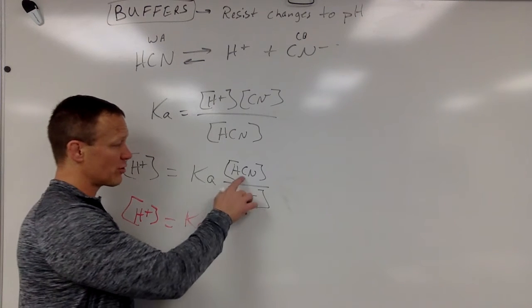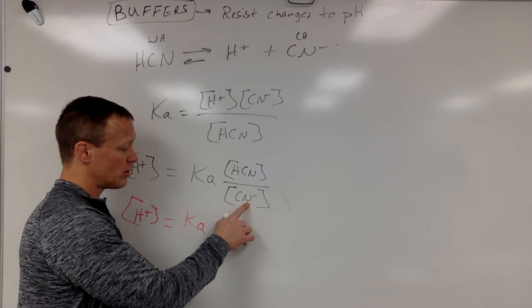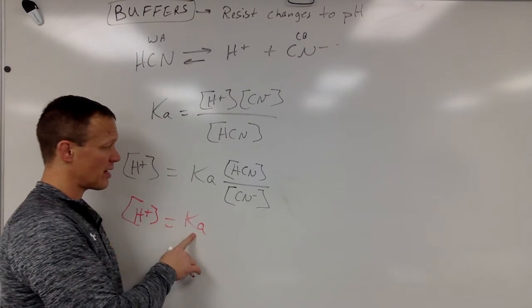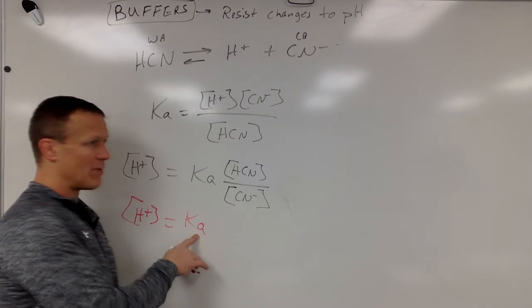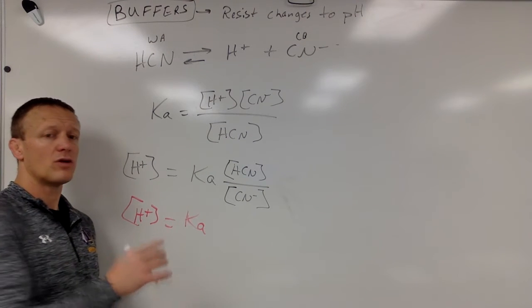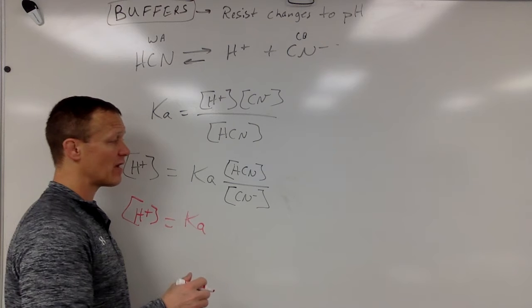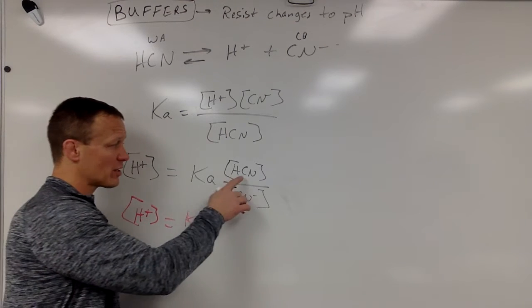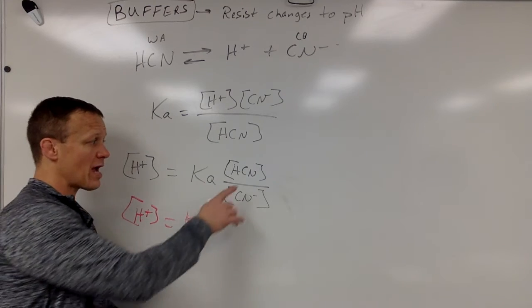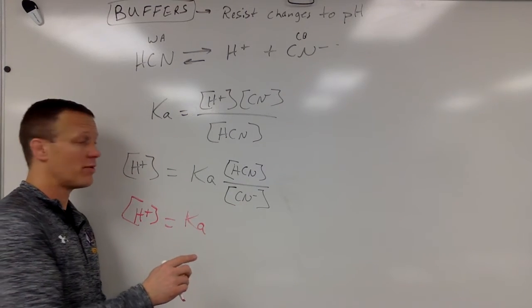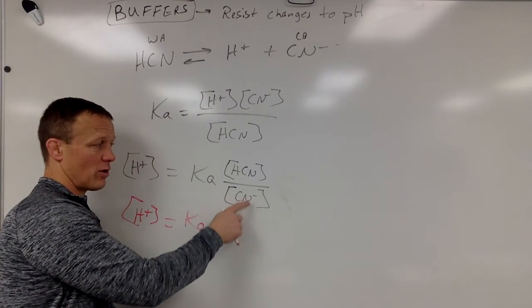Think about that. Whenever this ratio is equal, the concentration of H plus equals Ka. So if we have an acid with a big Ka, we're going to have a lower pH. A buffer with equal amounts of acid and base does not have a pH of 7. If it was strong acid, strong base, it would, but one of these is stronger than the other.